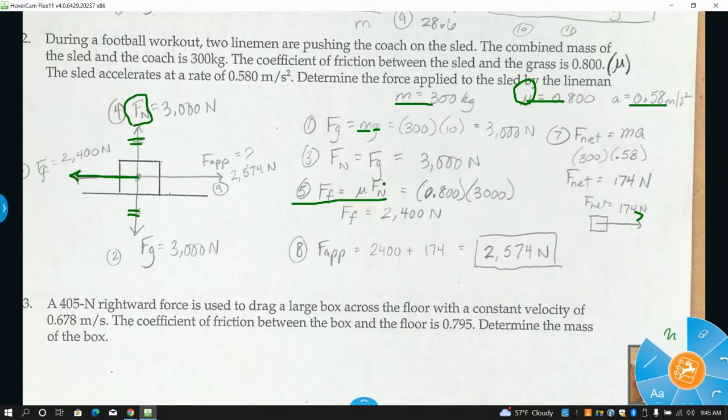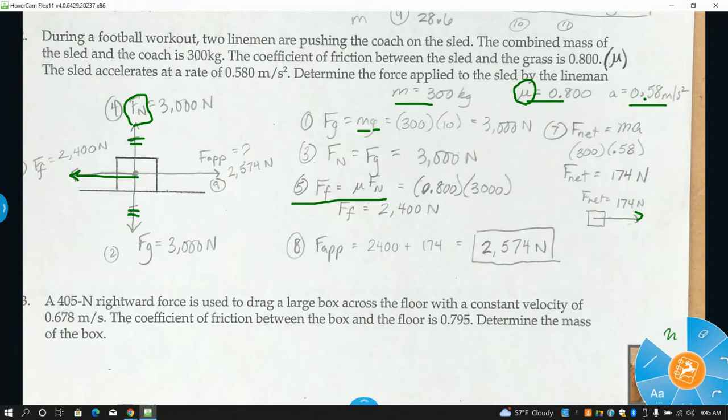Now from there, what I did next was find what the net force is. I took my acceleration times the mass given, found out that I have a net force of 174 to the right. So we're assuming it's to the right because unless told otherwise, your applied force is always going to be to the right.